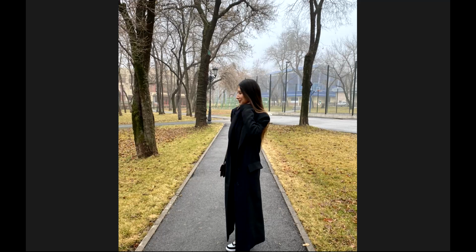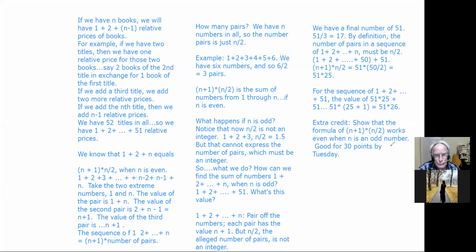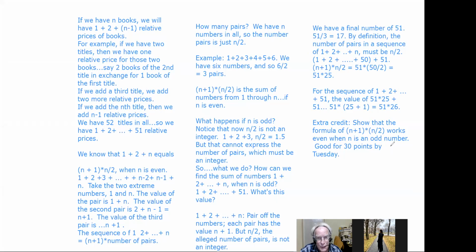So I should prove it by Tuesday for extra credit. But how can this formula work for an odd number? Okay, I understand. Okay, got it. Yes, good. I think you'll have fun with it.